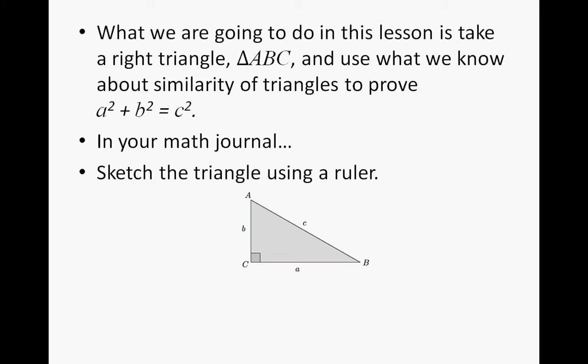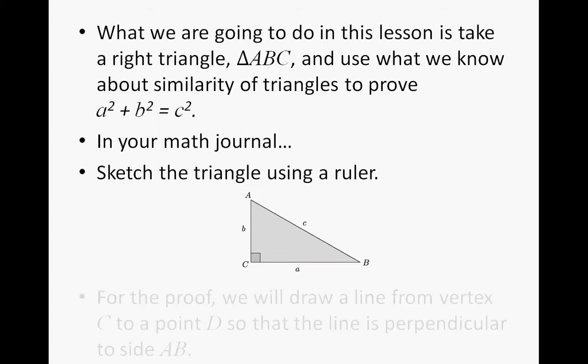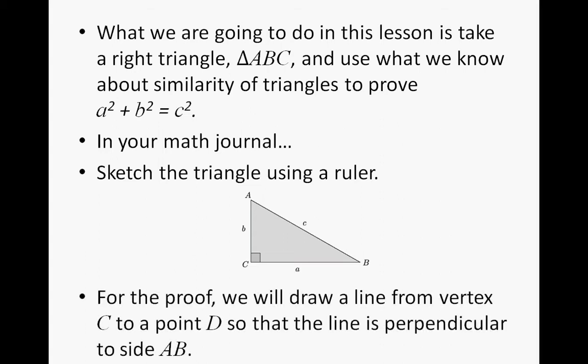So just draw a medium-sized right triangle, A, B, and C, with C being the right angle, and label the sides accordingly, where small a, small b, and small c are opposite the angles. For the proof, we will draw a line from the vertex C to a point D so that the line is perpendicular to side AB.